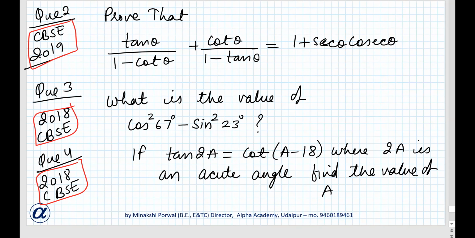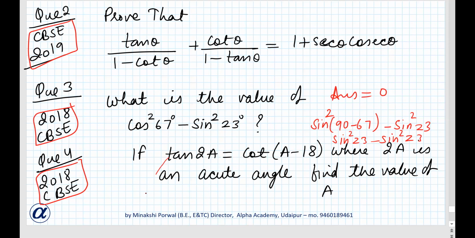Question number 3. Okay, cos 67 can be written as sine 23, because cos theta is sine (90 minus theta). Okay, minus sine square 23. So basically it is sine square 23 minus sine square 23. So the answer will be 0. Okay.